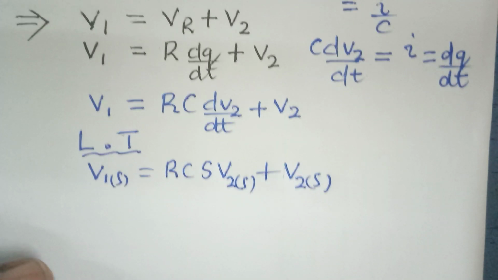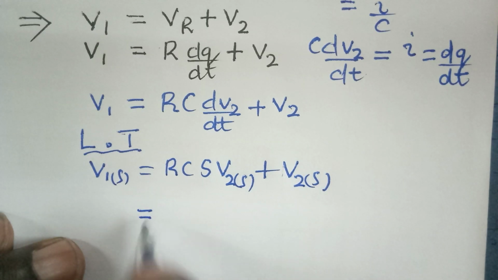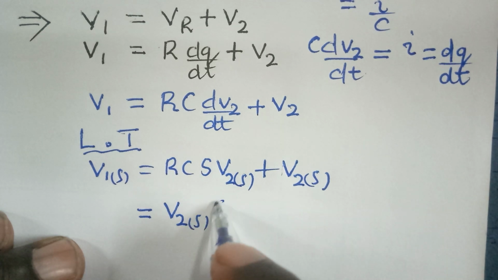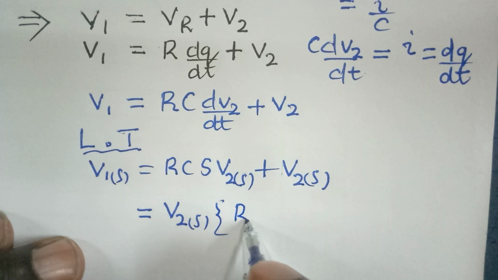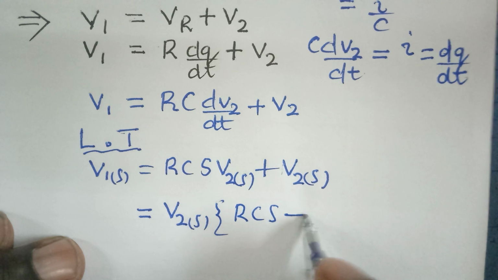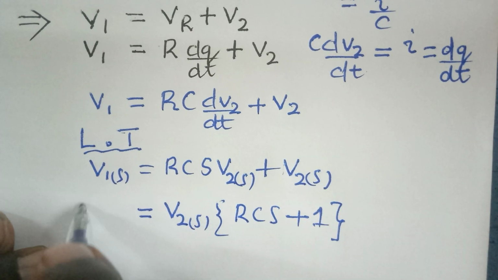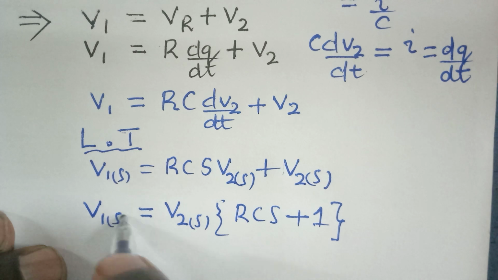From there, we can factor out the V2. We shall have V2(s) times (RCs plus 1), and this is equal to V1(s).